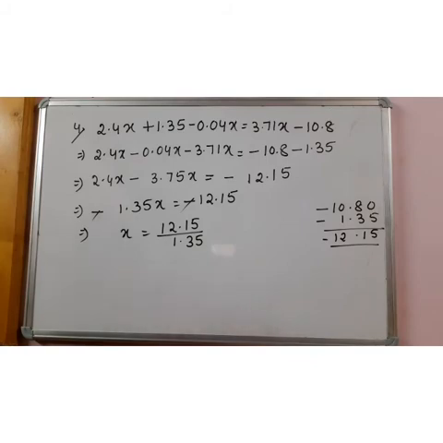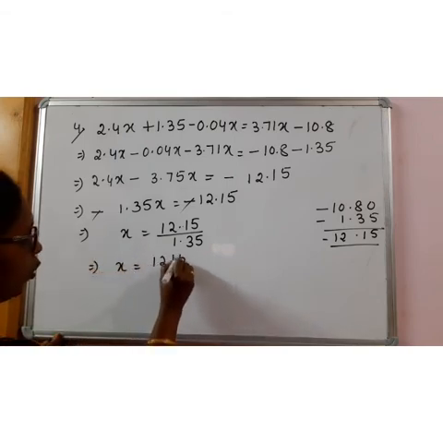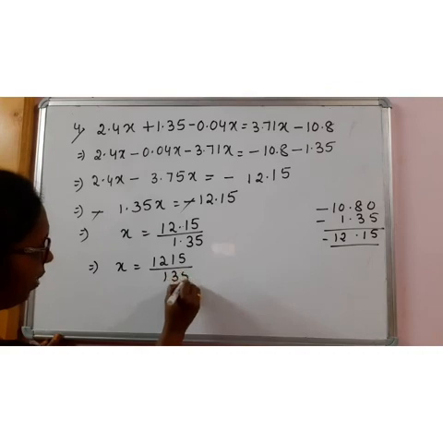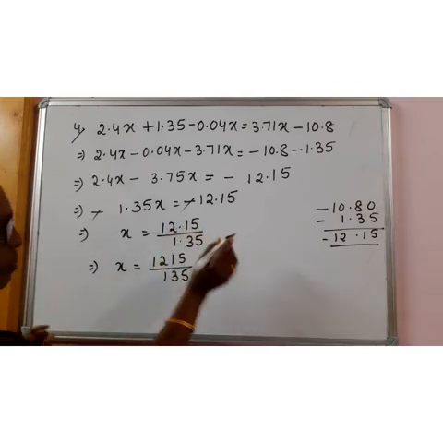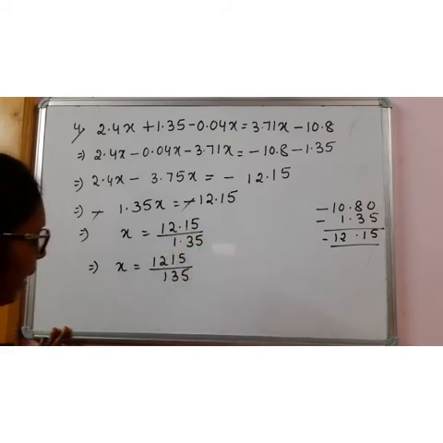And we can see here, both numerator and denominator have a decimal after two places, so simply we can cancel the decimal. 1215/135. Without cancelling, I wrote like this.